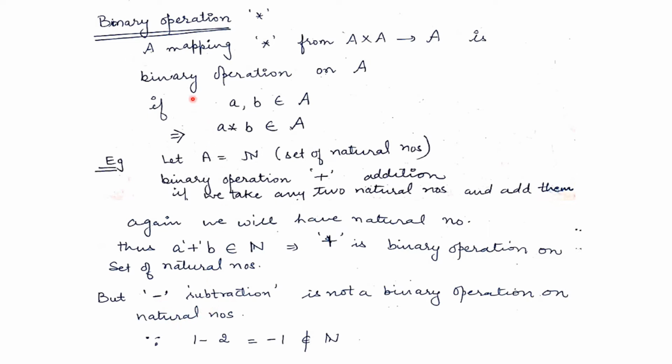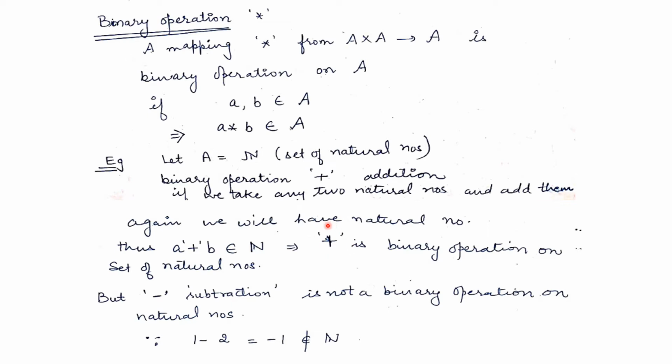So is it clear what a binary operation is? Any operation, any mapping from A cross A to A, such that if we take any two elements from this set and apply this operation, again we have an element of the same set. We also call this the closed property: the set of natural numbers is closed under the binary operation addition.